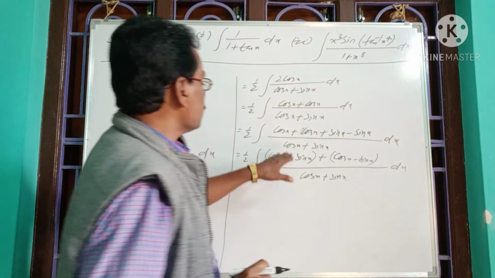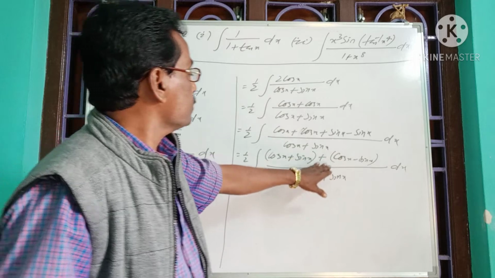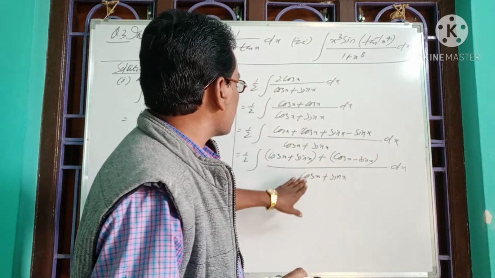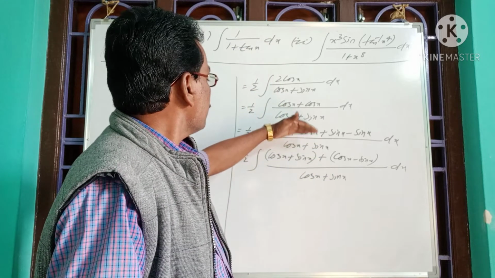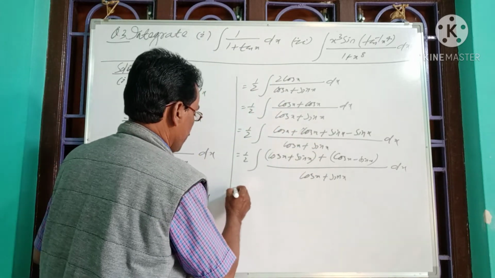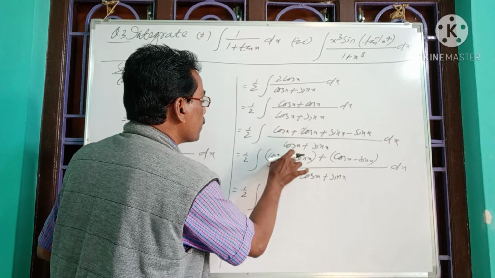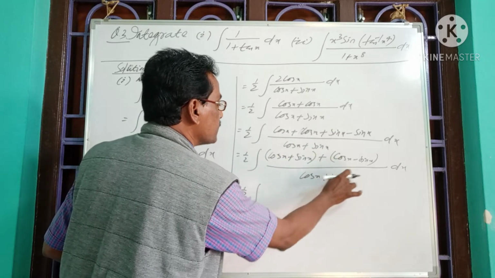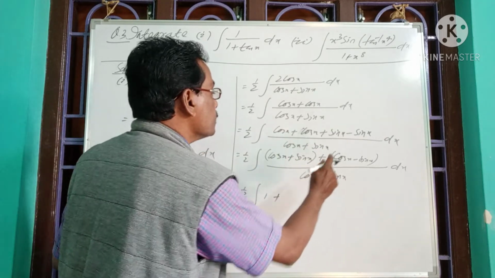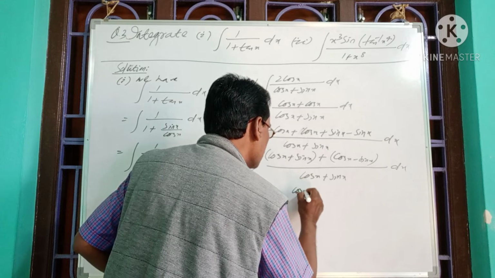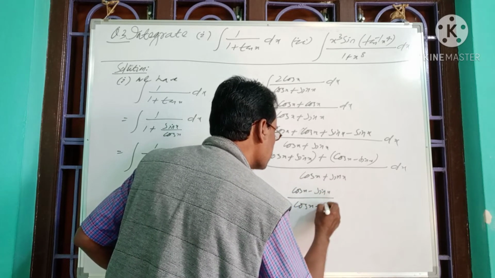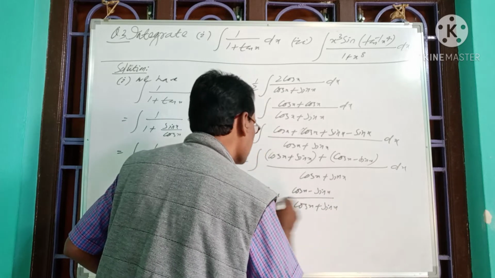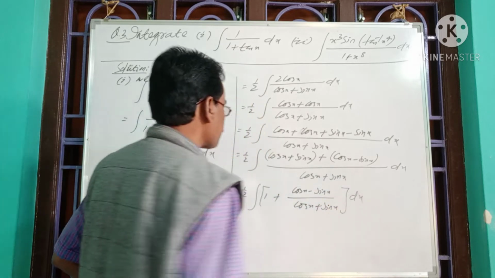Now see, in the numerator we have two factors, and the denominator contains only one factor, that is cos x plus sin x. So dividing by cos x plus sin x, we have half into integration of cos x plus sin x by cos x plus sin x will give us 1, plus cos x minus sin x by cos x plus sin x, whole integration with respect to x.